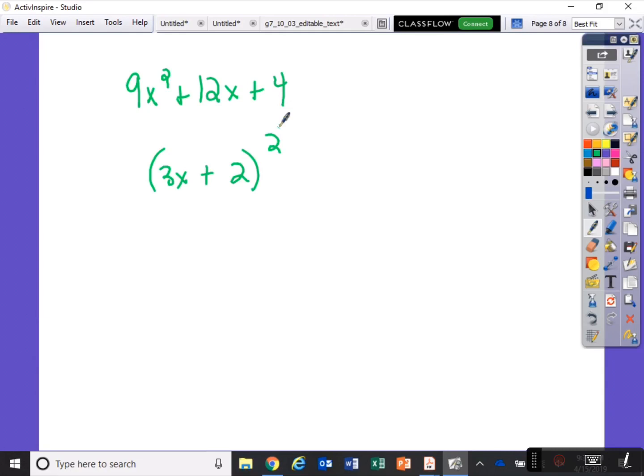You get positive every time. The only way to get a negative is to multiply a positive and a negative, but at that point, they are not the same number, so it wouldn't be a perfect square. So if at any time the last term is negative, it is not a perfect square trinomial. The middle could be negative, but the last cannot be.